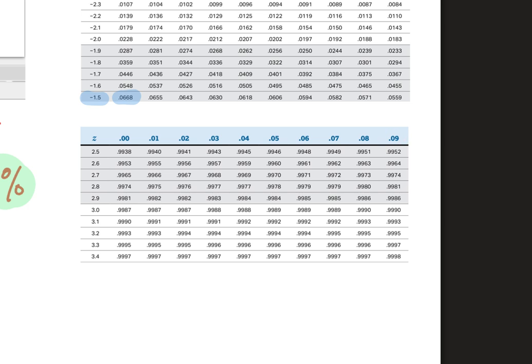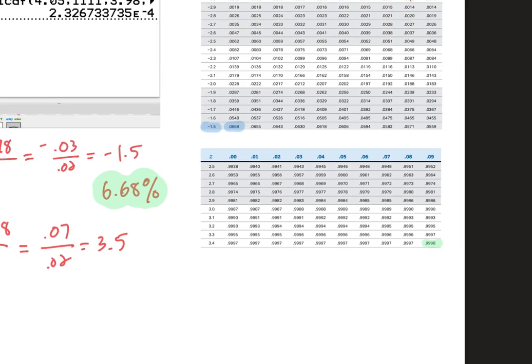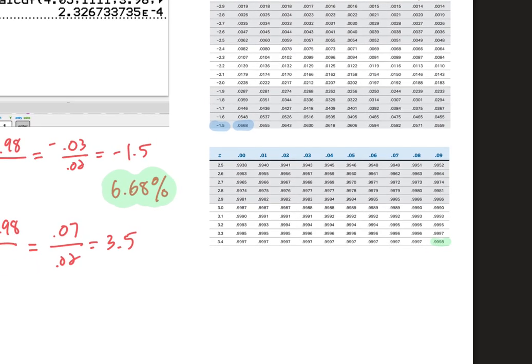So really that is the closest that we can get to 3.5 as a z-score, 3.49. So maybe we can think about a little bit higher than that, but actually, that's probably it. Notice any of the 3.4s were all the same. So I bet 3.5 would be the same as 3.49.